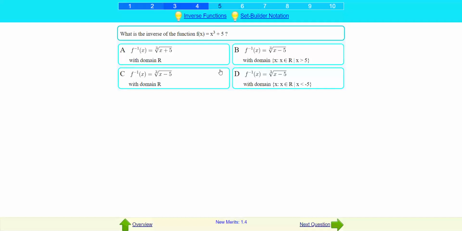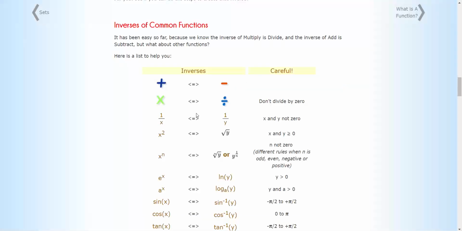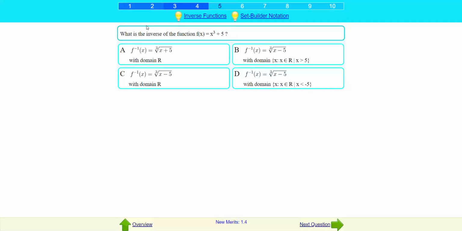And if I'm not mistaken, the inverse of x to the power of n is the nth root of y, so that's the cube root of y minus 5 equals x, so that's the inverse.